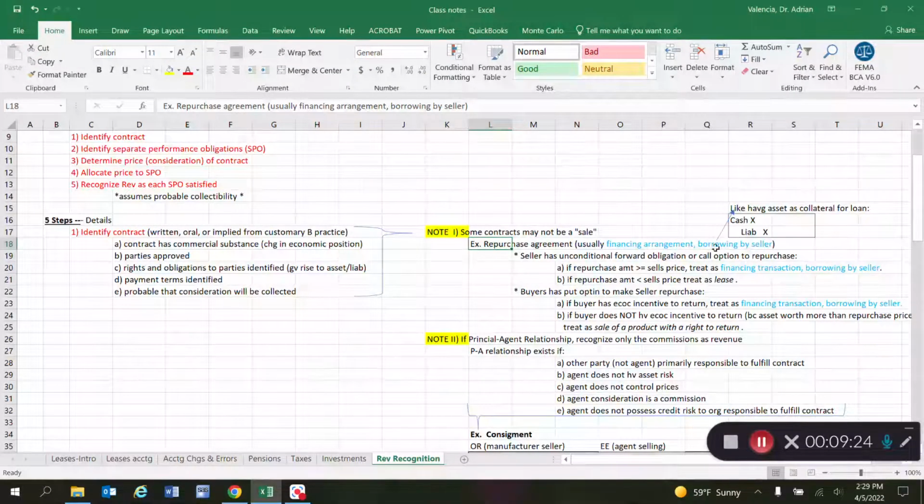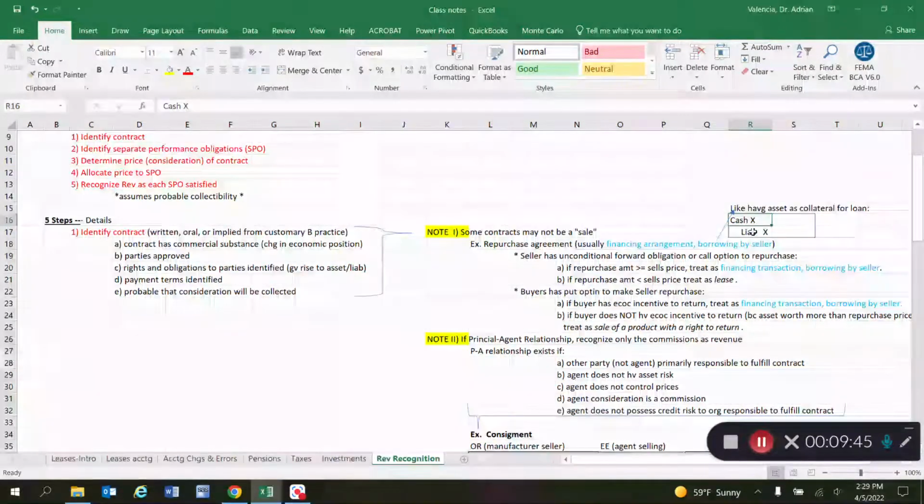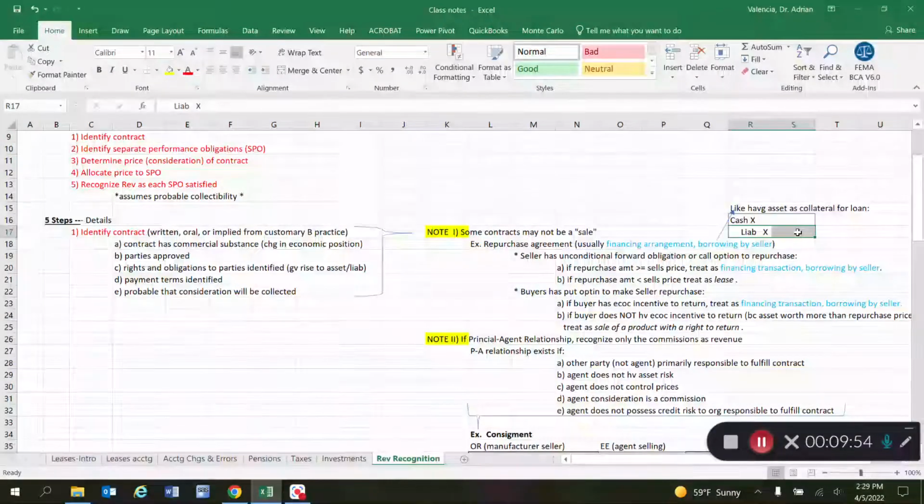So, think of it as me having some equipment or some asset that I sell to somebody, I get cash, but then later on I buy it back. So it's like having an asset that you use for collateral for a loan. In that case, when I sell that asset, I debit cash for the amount, but I won't credit revenue. It's not a sale. And that's what I'm trying to get you to see. It would just be a plain old liability if the transaction in substance is a loan.